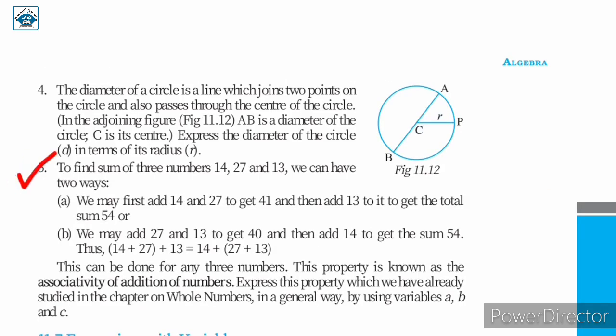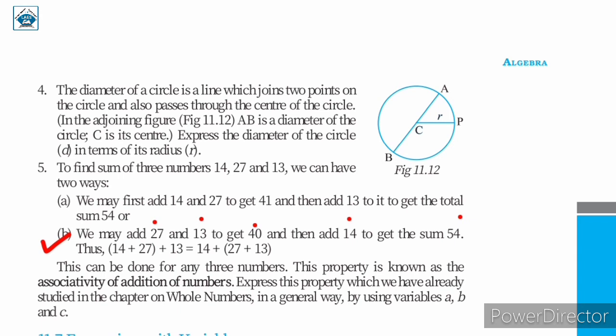Question number 5. To find the sum of three numbers 14, 27 and 13, we have two ways. A. We may first add 14 and 27 to get 41 and then add 13 to it to get the total sum 54. Or B. We may add 27 and 13 to get 40 and then add 14 to get the sum 54.